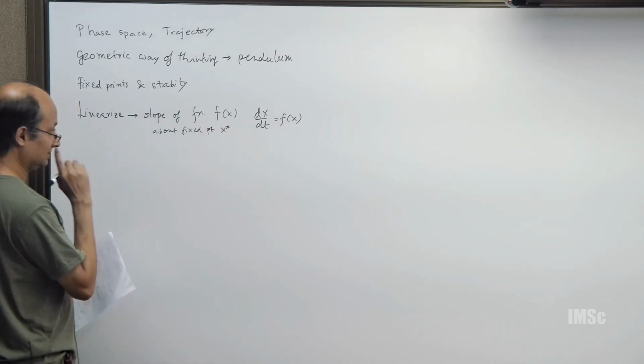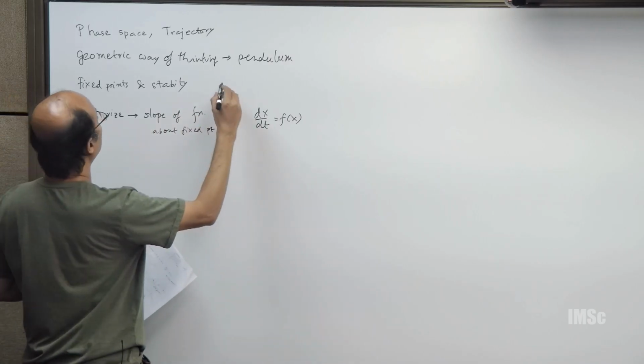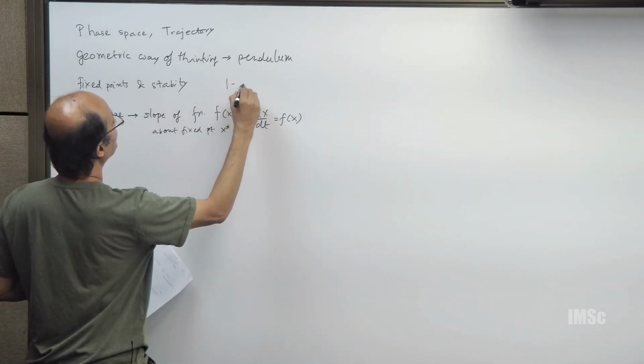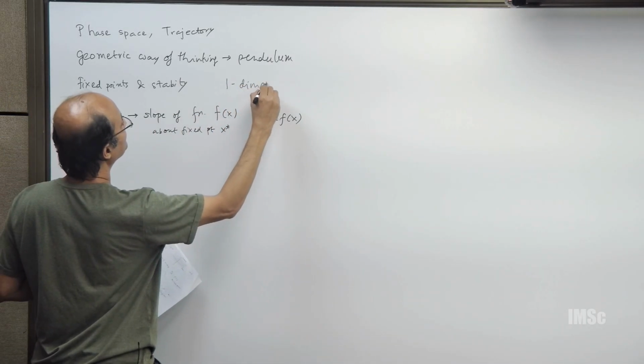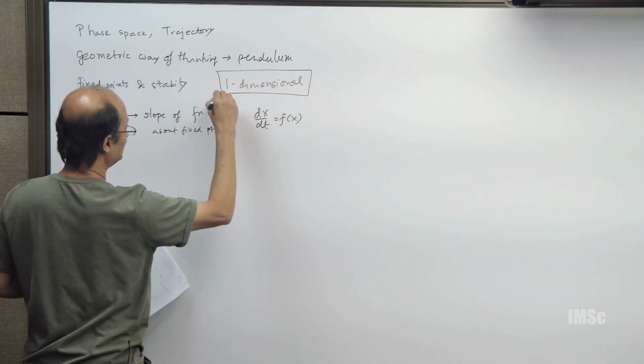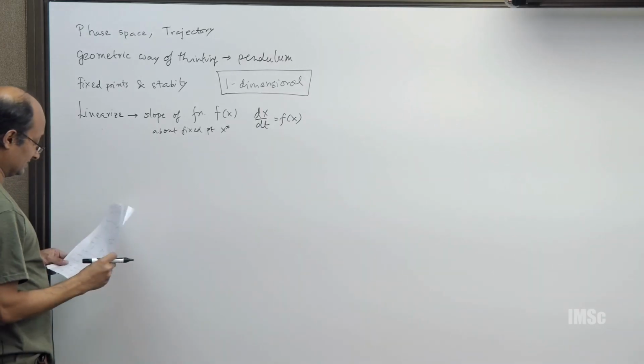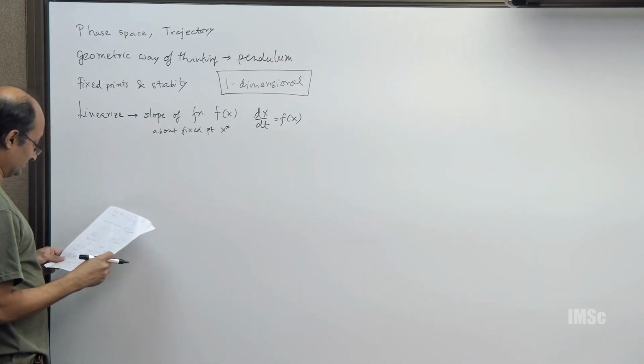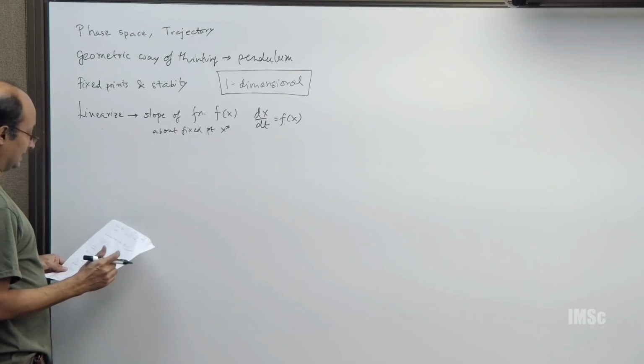All right. But this is of course all having to do with one dimensional systems, that is where x is a scalar. Okay. So today we will be looking into two dimensional systems, and from there you will try to figure out how to do it in general for higher dimensional systems.